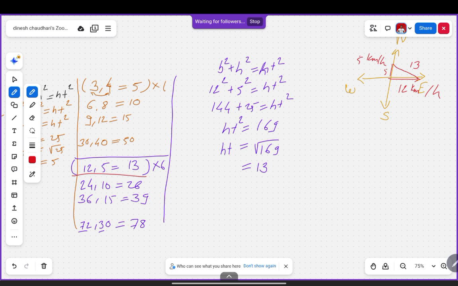Then most people will calculate 72 and 30 kilometers, and then start calculating the squares and then square roots. But with the trick I have mentioned earlier, you can just multiply by the factor of 6, and you will get that after 6 hours the distance between these two cyclists will be 78.